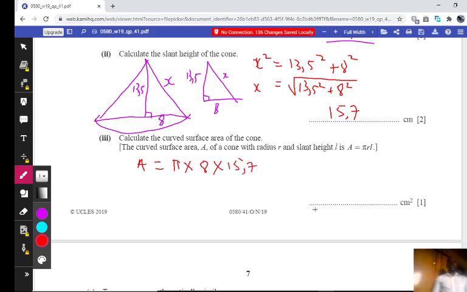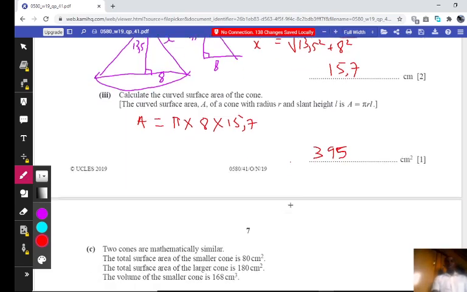So you just multiply, pi times 8 times 15.7, and you get 394.58. Then to 3 significant figures, it will be 395.